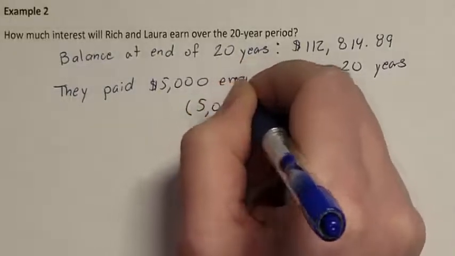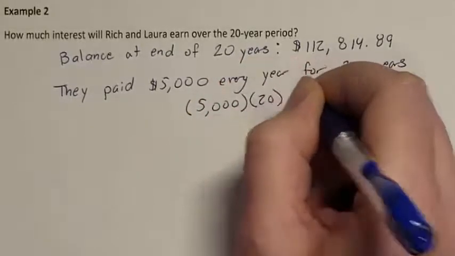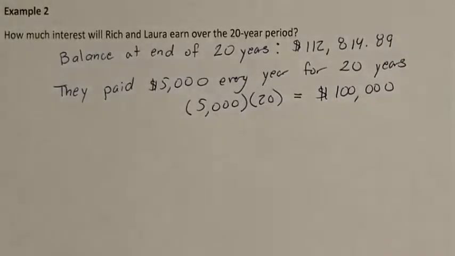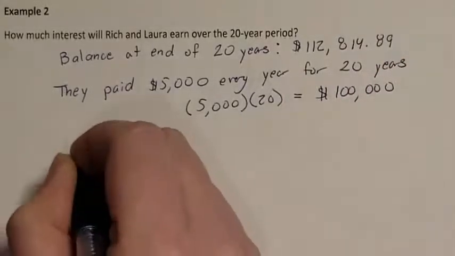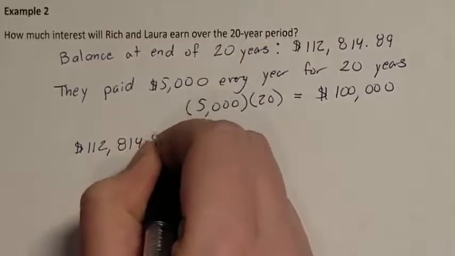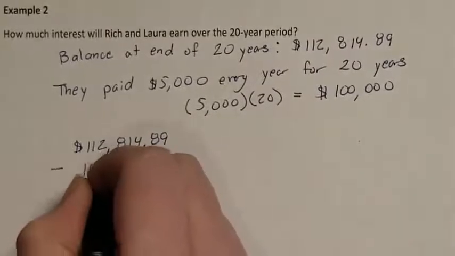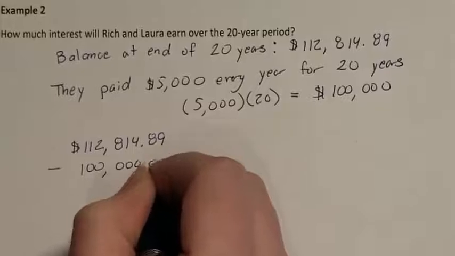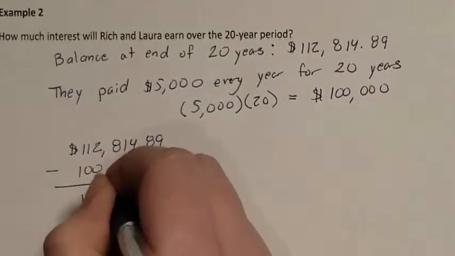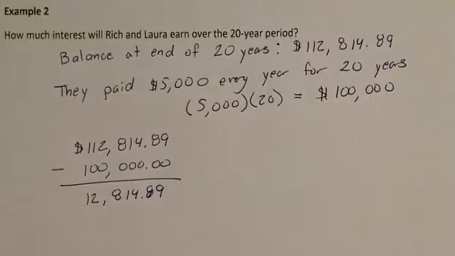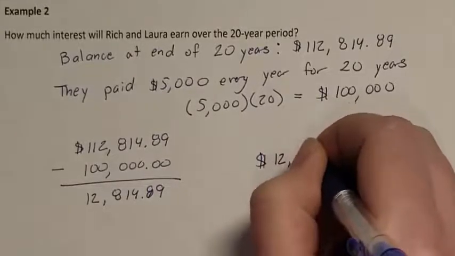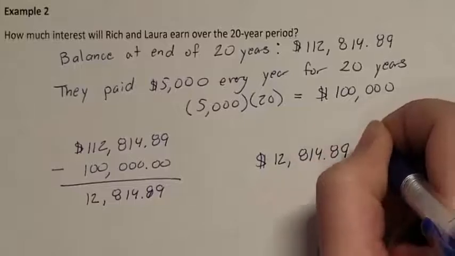That is 5,000 times 20. So they actually put in $100,000 of their own. So if their bank account currently says $112,814.89, and we know that 100,000 of that is their very own that they put in, the leftover is going to be how much they earned of interest. So they actually earned $12,814.89 in interest.